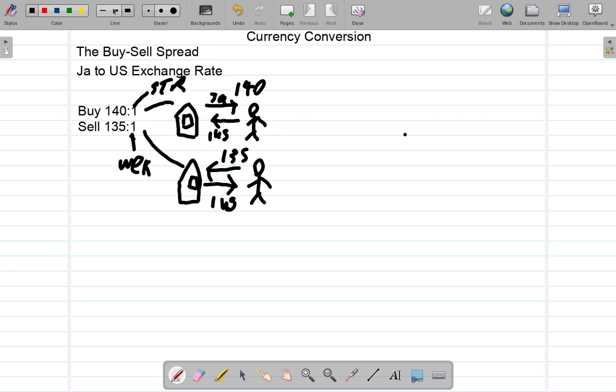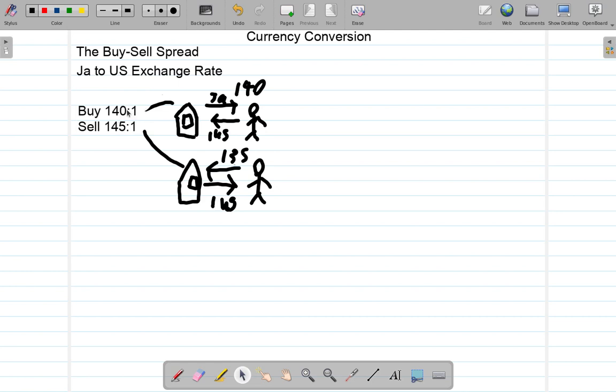So let me just erase some of what I have here and correct the situation. We need to correct this. Something is wrong here. You can't be doing this or you're losing money. So instead of 135, let's look at what happens when they sell at 145 to 1.